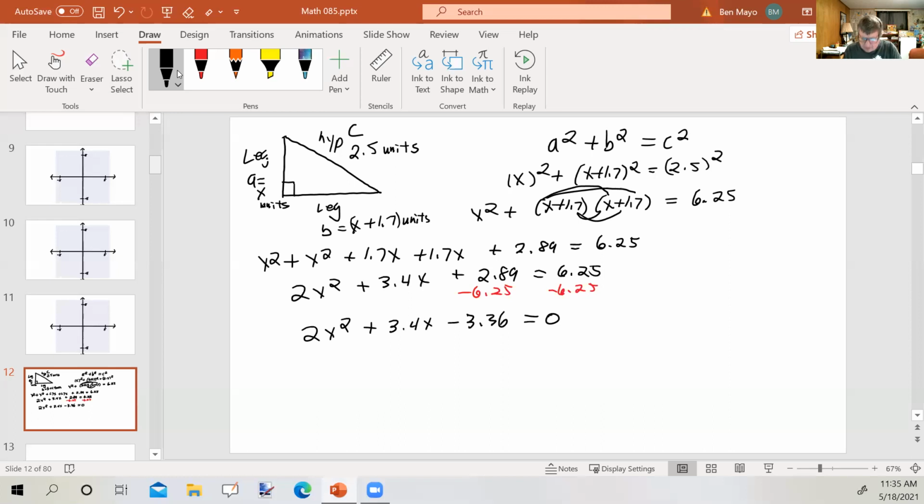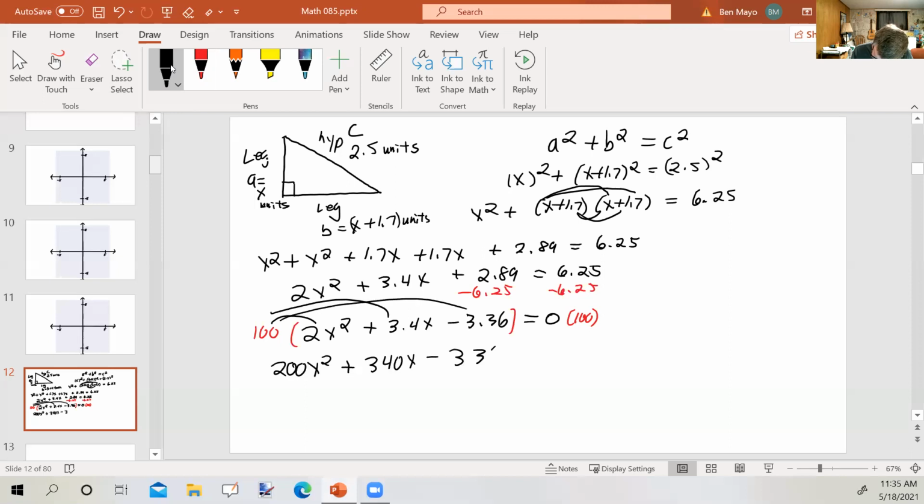Now, we can take this and plug it into the quadratic formula, but I'm going to go ahead and get rid of the decimals and reduce things down. So I'd multiply both sides by 100 to move the decimal point over 2 places. So I'm going to get 200x squared plus 340x minus 336 equals 0.